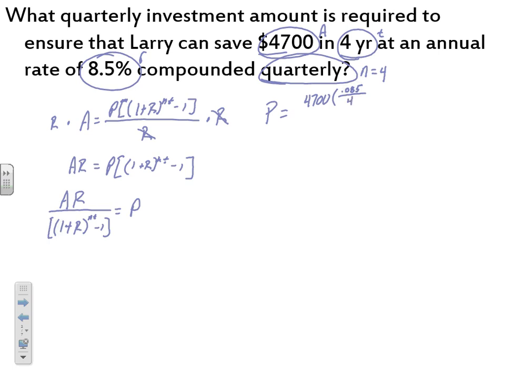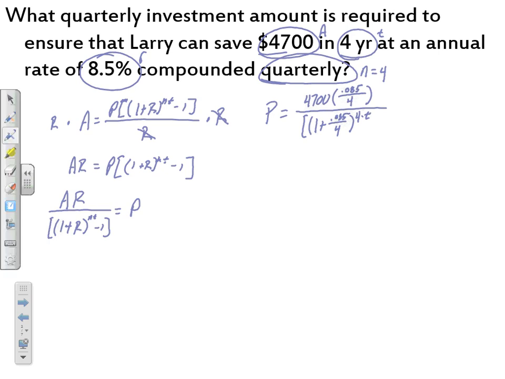So this will be 4 over, and then we'll say parentheses 1 plus that same ratio, 0.085 divided by 4 to the nt power. Well, n is 4, and time in years is also 4.